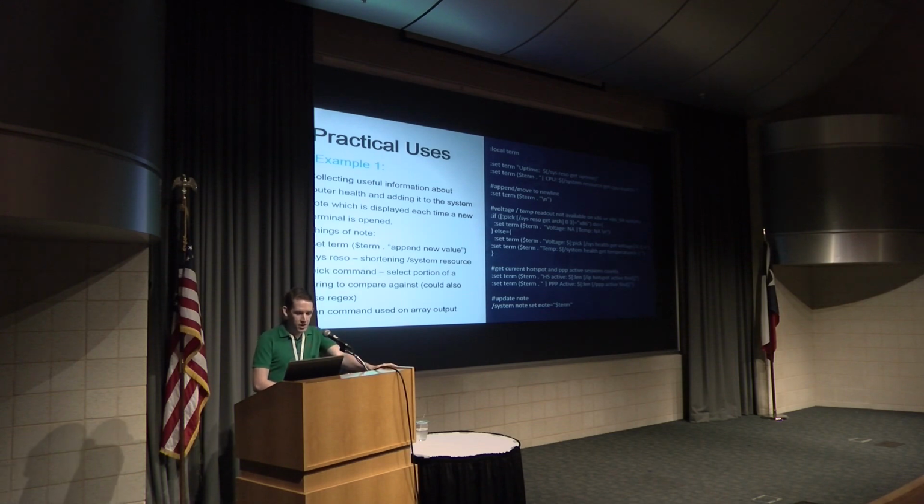And you'll see here, in the middle of this section, it's looking for a voltage and temperature readout, which doesn't exist on the x86 systems. So first of all, I've gone to system resources, and I've shortened those down because I can do that so long as it's a unique value.